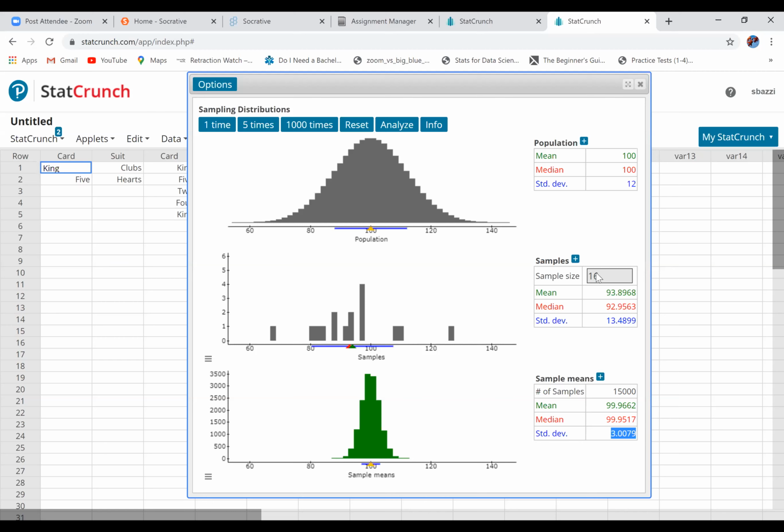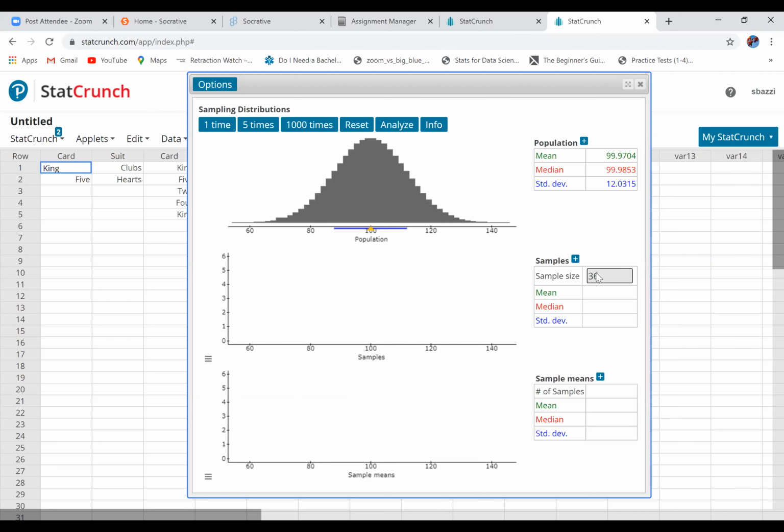Now I'm going to change the sample size to 36. And I'm going to change this population, not to a normal population, but to any population. So I'm going to make it skewed to the right. Watch. There you go. Look at the mean.